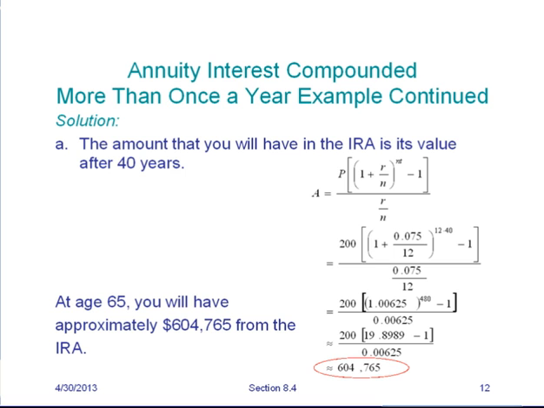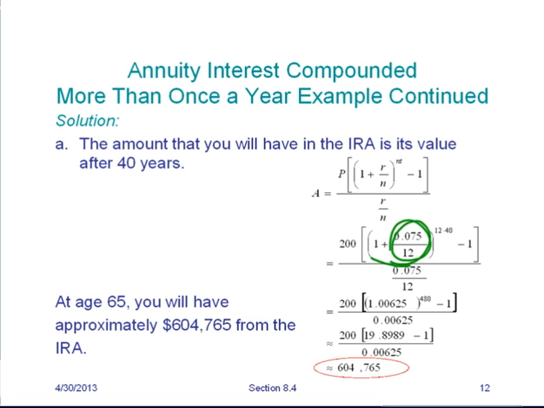So let's plug these numbers in. 200, how much you put in each month. Your interest rate, N is equal to 12. It's compounded monthly. And we had it in there for 40 years. All right, so calculate.